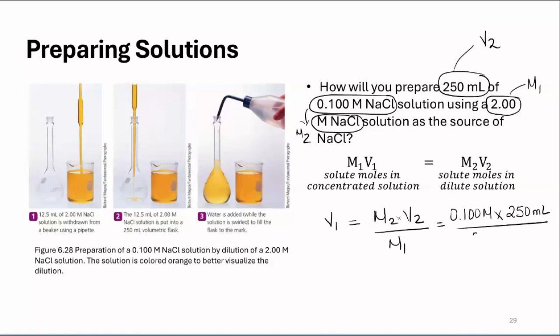Everything is divided by 2.00 molar. The molar unit cancels. That means that my result is going to be in milliliters. So when I take 0.1 times 250 divided by 2, that means that if I round this specifically to 2 sig figs, because 250 milliliters is 2 sig figs, this is going to be 13 milliliters.